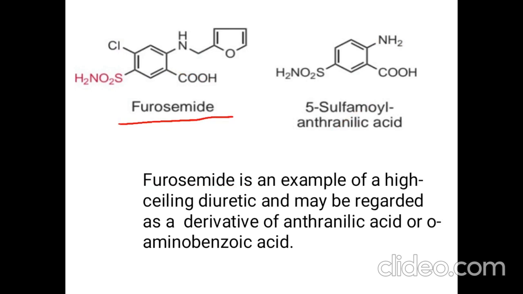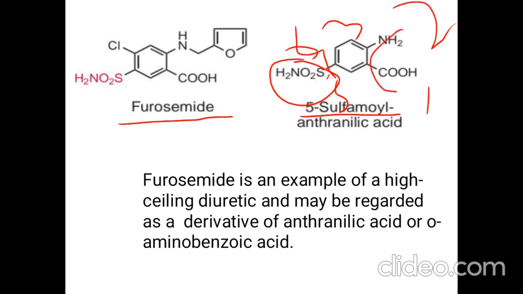They come under the class of 5-sulfamyl anthranilic acid. So this is 1, this is 2, this is 3, this is 4, and this sulfamyl is present at the fifth position. So it is called 5-sulfamyl, and this benzene ring along with the NH2 and COOH is called anthranilic acid.